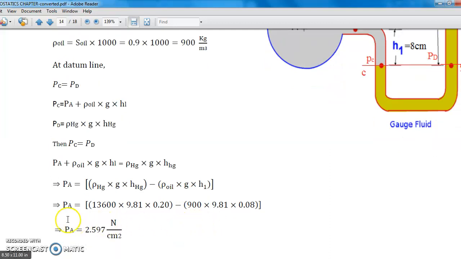Then PA is equal to 13,600 times g value 9.81 times H2 value 0.20, minus 900 times g value 9.81 times H1 value 0.08.